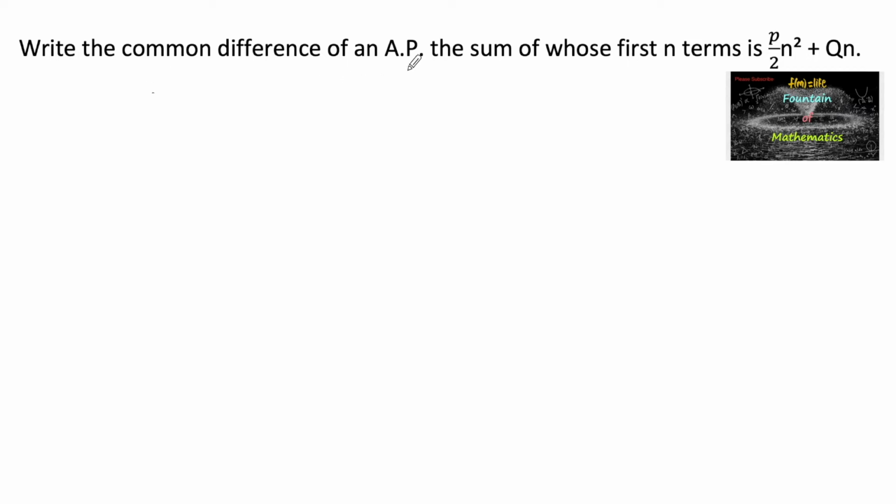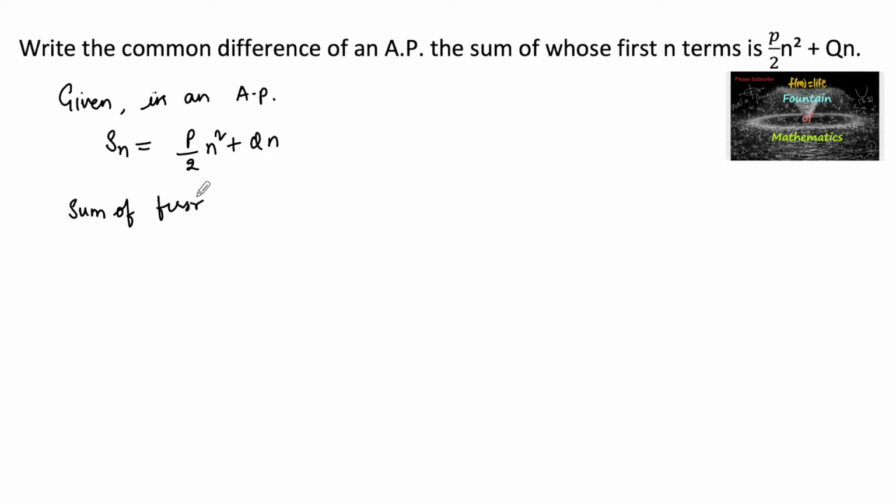Write the common difference of an arithmetic progression, the sum of whose first n terms is given by p by 2 n square plus qn. Given in an arithmetic progression AP, the sum of first n terms Sn is equal to p by 2 n square plus qn, and then we can find the sum of the first one term, which is equal to a1.